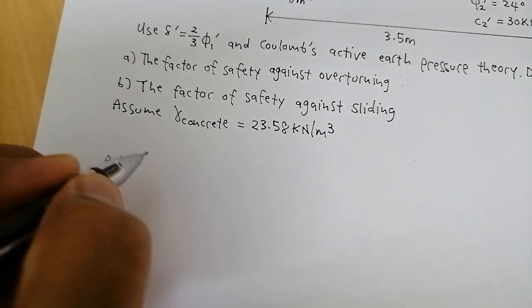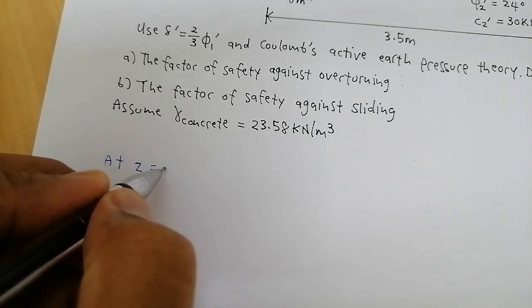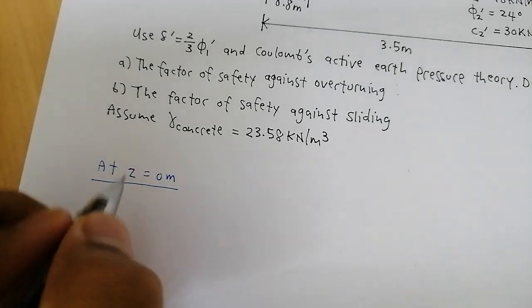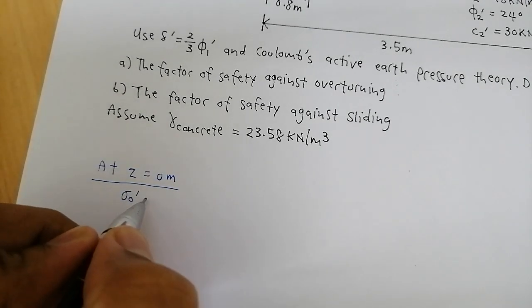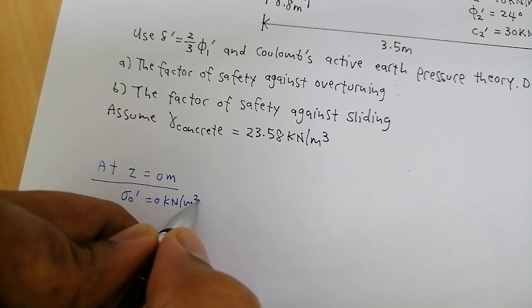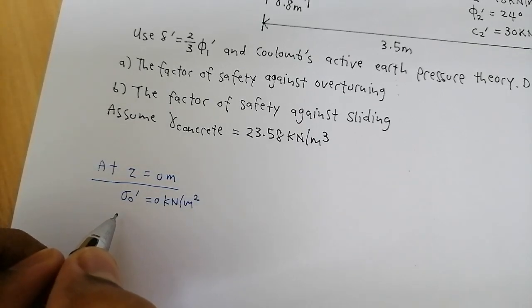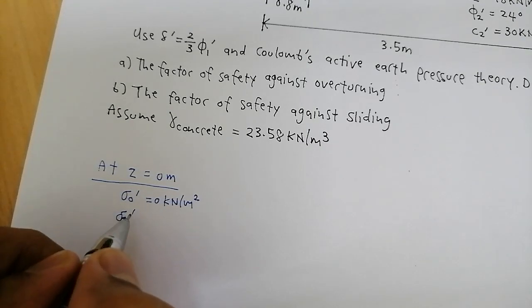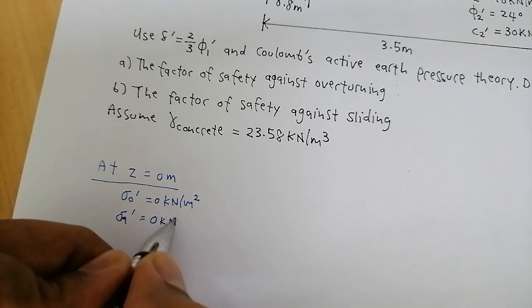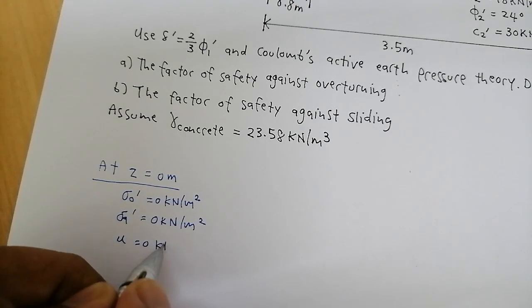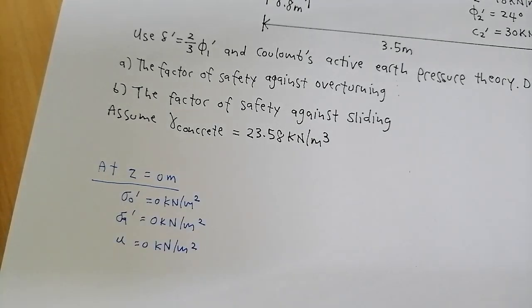At z equals 0 meter, everything is 0, isn't it? The vertical effective stress is 0 kilonewton per meter square. Don't forget the units. Therefore, the Coulomb's active earth pressure is also 0 kilonewton per meter square. Pore water is also 0 kilonewton per meter square.